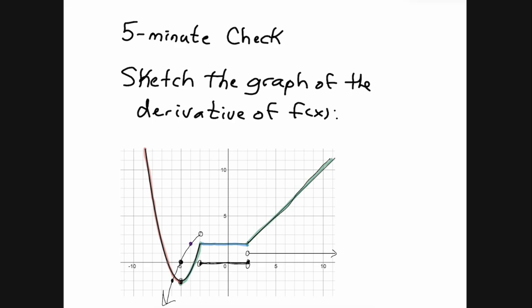So let's analyze what's happened. Actually, this piece almost looks linear, truthfully. But anyway, let's look at what's happened. A line became a constant. If two lines are connected but with different slopes, their derivatives won't connect, because one will jump to its slope.